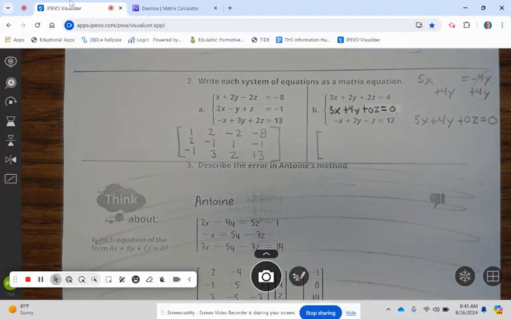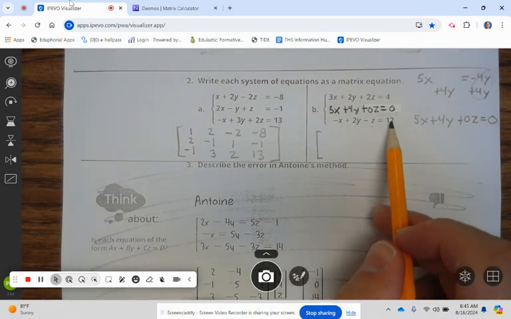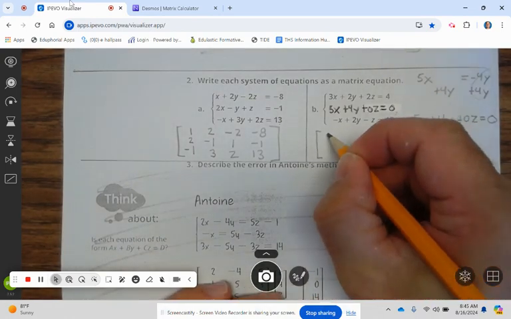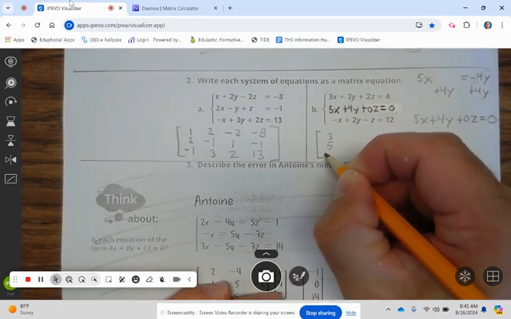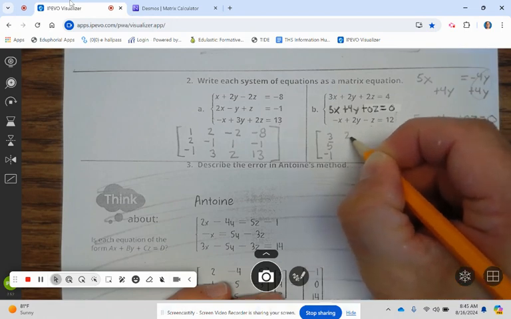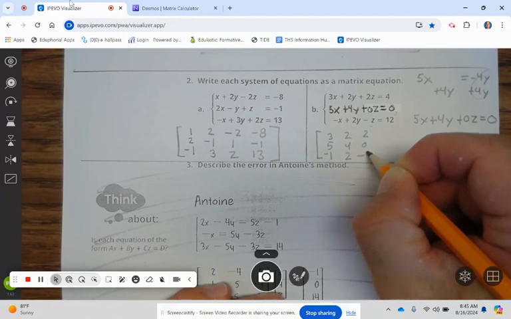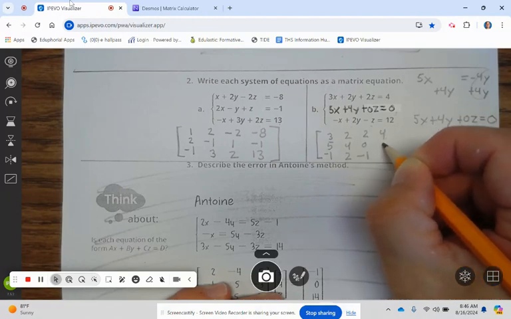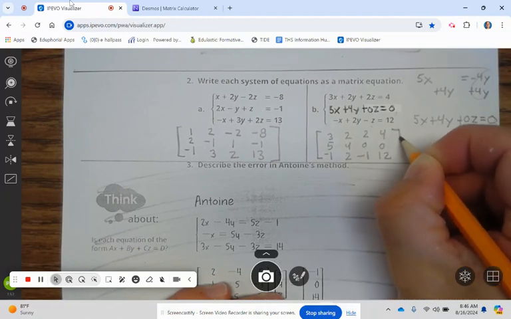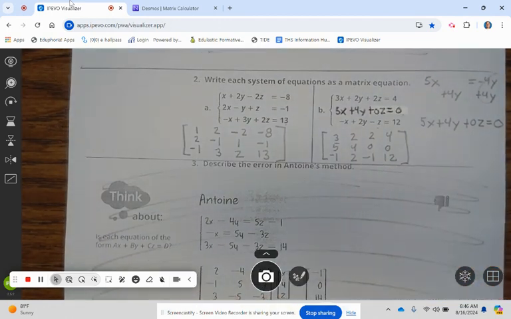Okay. Now we have our x column, our y column, our z column, and our constant column. So now our matrix is 3, 5, -1, 2, 4, 2, 2, 0, -1, 4, 0, 12. All right, go ahead and finish it up.